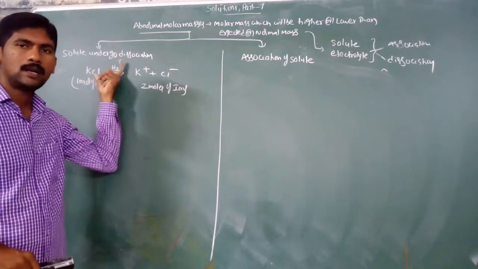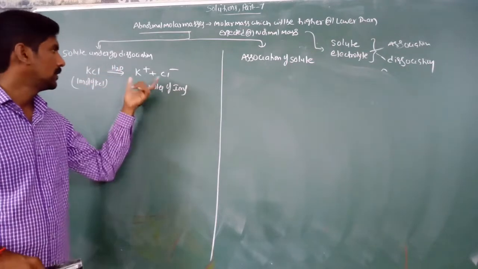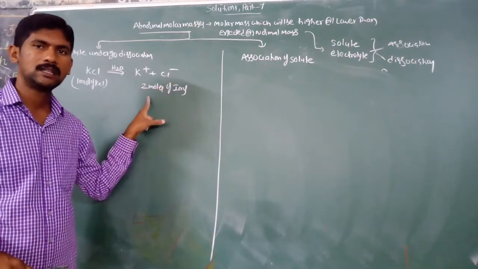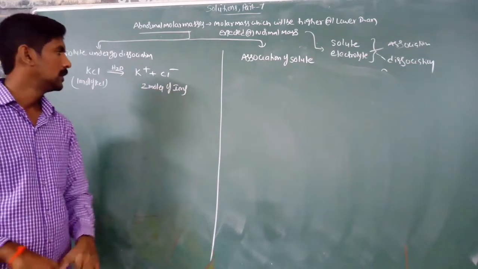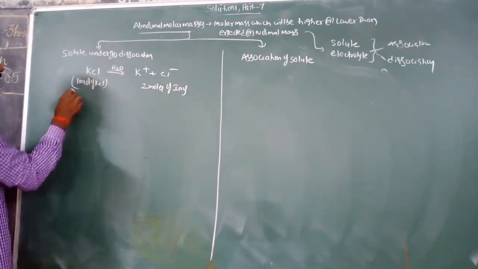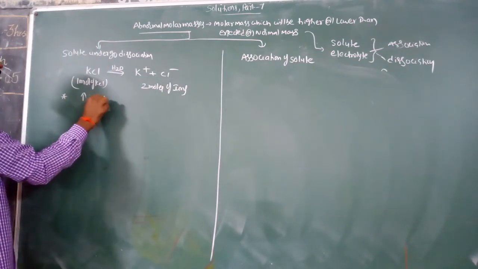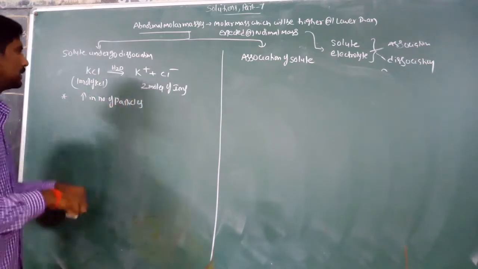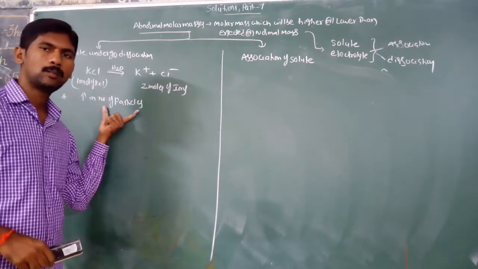When it is dissolved in water, it undergoes dissociation and gives 1 mole of K plus ions and 1 mole of Cl minus ions. There are a total of 2 moles of ions, which means that dissociation leads to an increase in the number of particles.